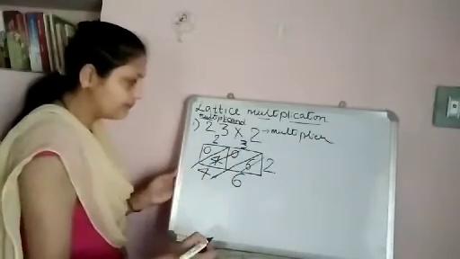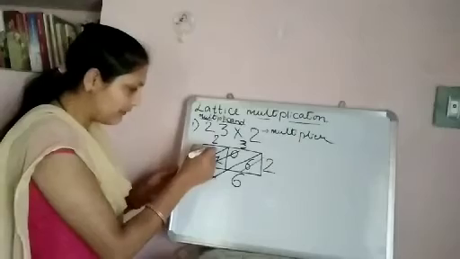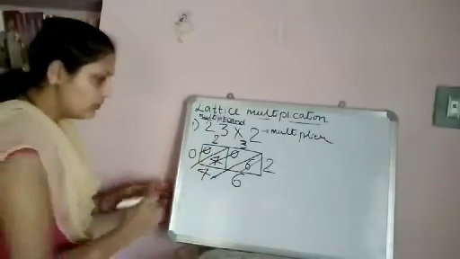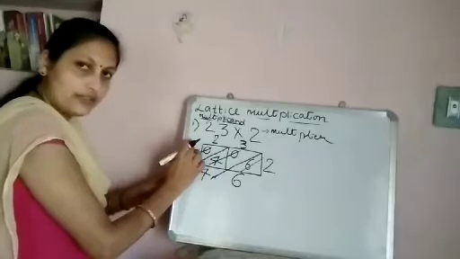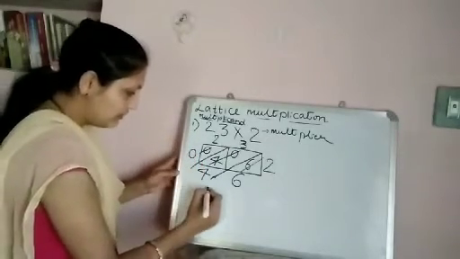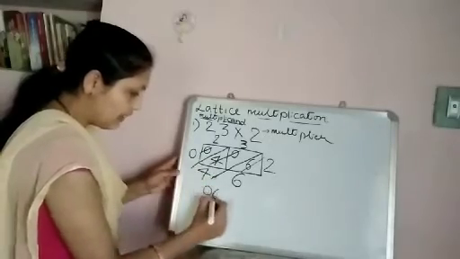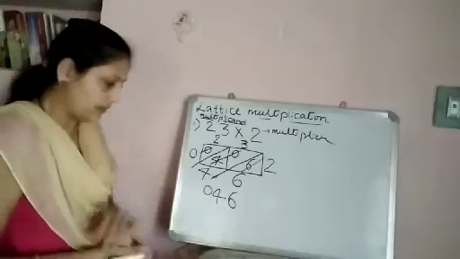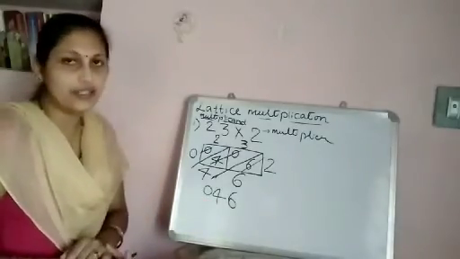So take 4 here. Now here you don't have any other digits, only 0 is there. Write 0 here. Now you will arrange the digits from here. So you have 0, then you have 4, then you have 6. So this is the answer, meaning 46 is the answer.